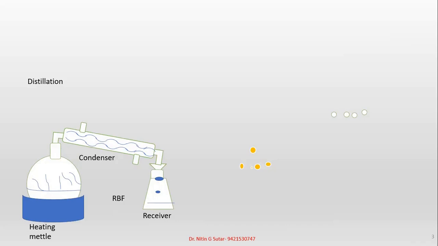When the vapor pressure equalizes with or exceeds the atmospheric pressure, the liquid starts boiling and vapors are generated. The vapors go upward and pass through the condenser, where they are converted into liquid, and the liquid is drained into the receiver. Just see, the liquid is drained in this form and collected in the receiver.